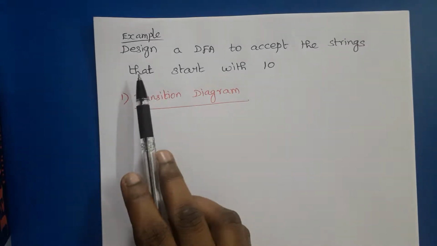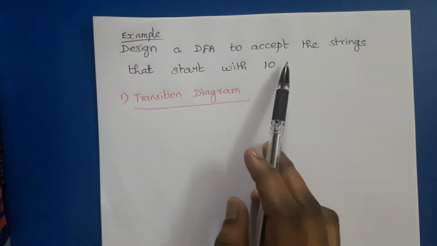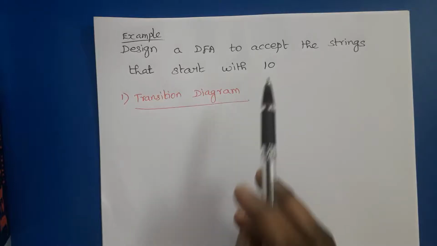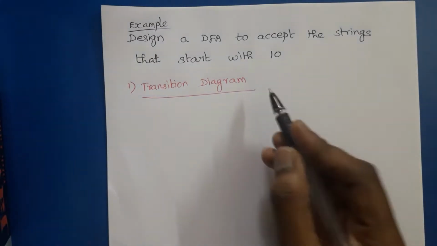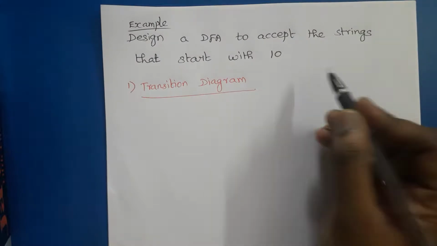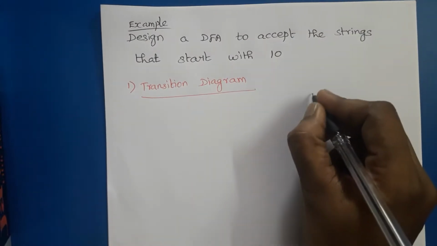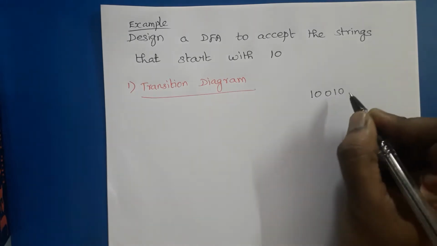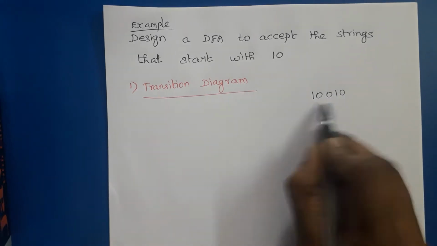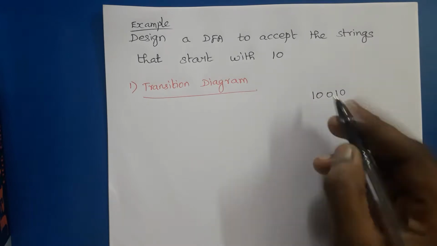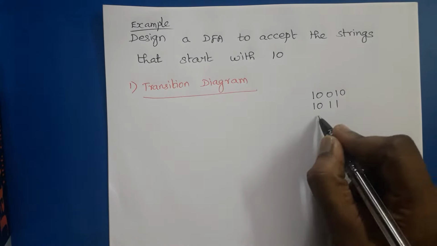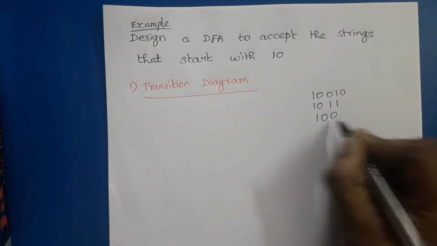Now we can see one example: construction of a DFA to accept the strings that start with 10. That is, all the binary strings that start with 10. So the string 10010 is a correct input string because it starts with 10, or 1011 is a correct input string, or 100.